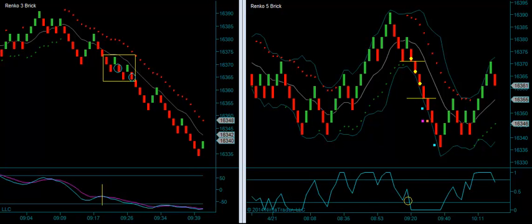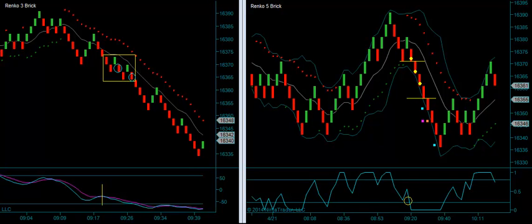Consequently, 5 consecutive bricks on that chart don't mean a thing to us. The only setups we get from the 3 brick chart are the midline reject reverses with MEX flow.